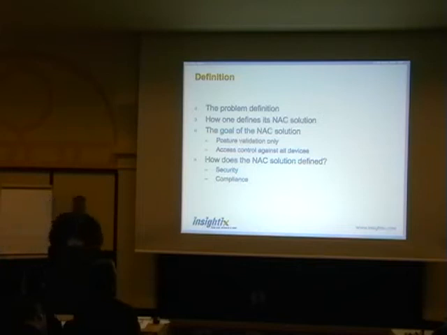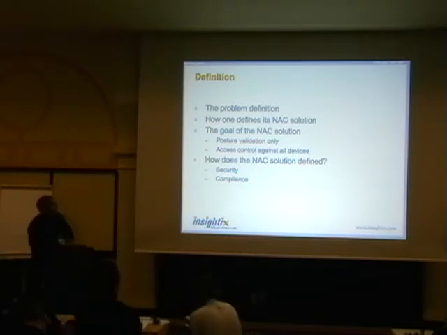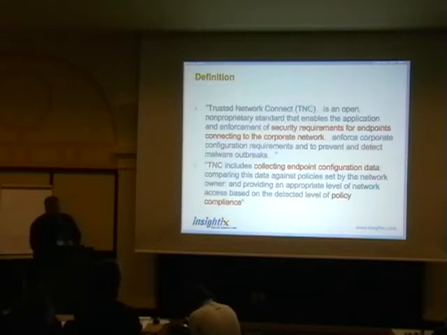So basically, the problem, as I said earlier, is first with the definition: how we can define what network access control is. Is this a posture validation only? Is this done against all devices, and is it a security solution or a compliance solution? I've set here an example with the definition that the Trusted Network Connect of the TNC is saying.